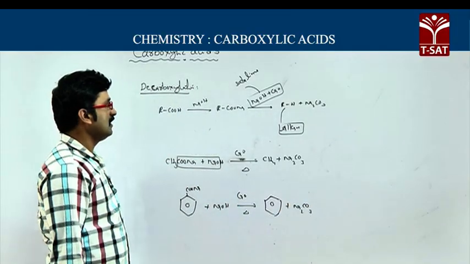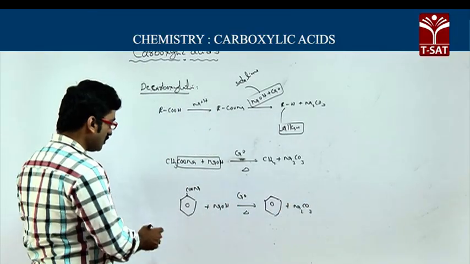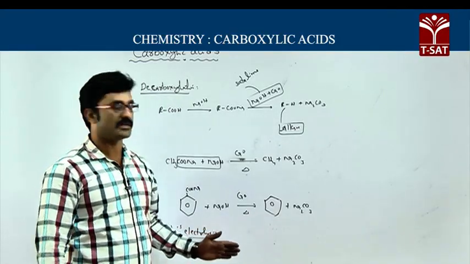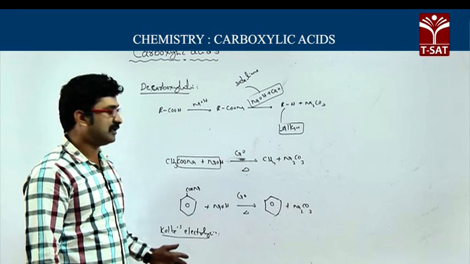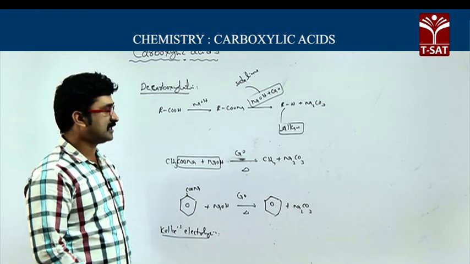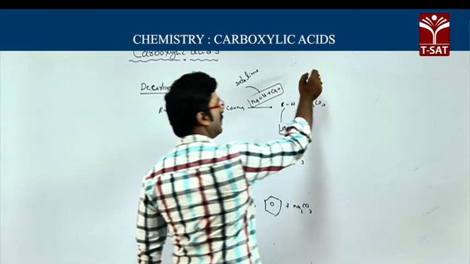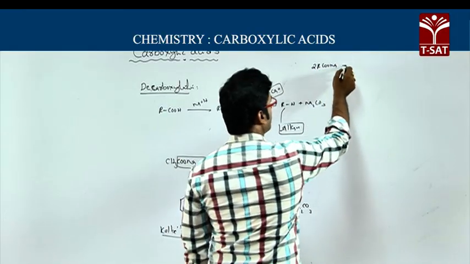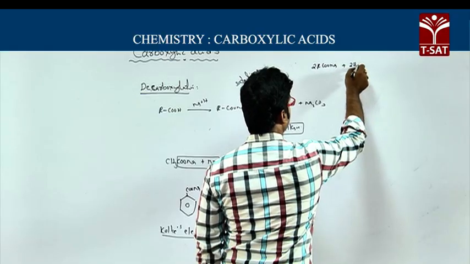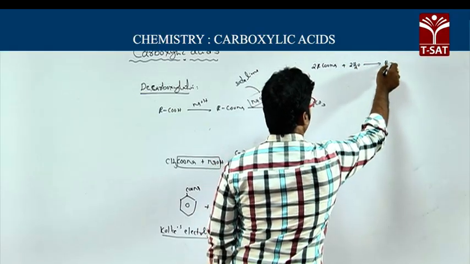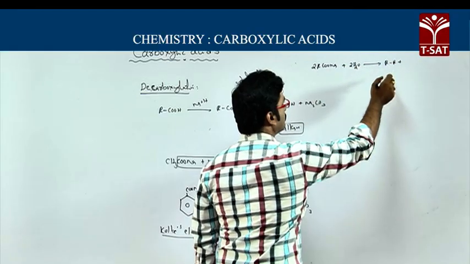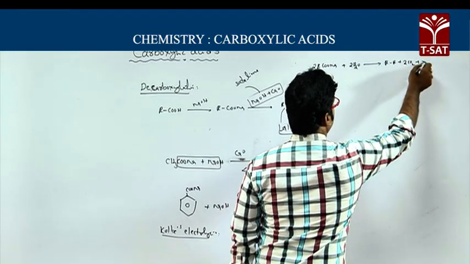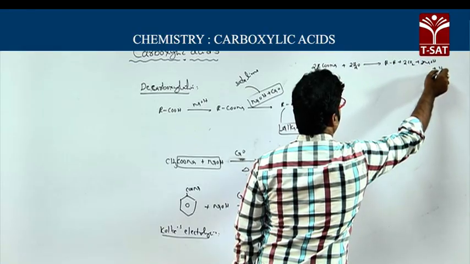Now the next one is Kolbe electrolysis. You know that sodium or potassium salts of carboxylic acids on electrolysis produce alkanes. So here I am taking 2RCOONa. This on electrolysis with 2 moles of H2O, you get R-R plus 2CO2 plus 2NaOH and hydrogen.